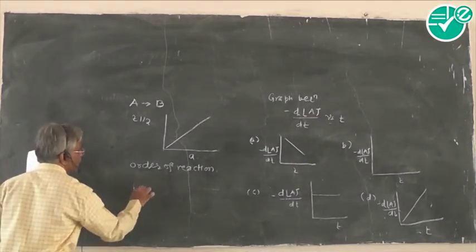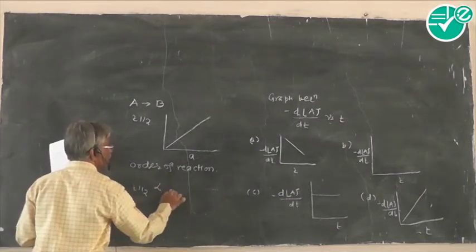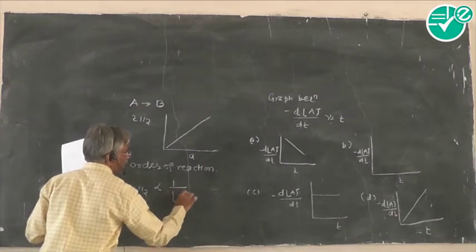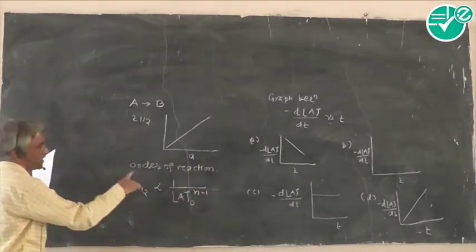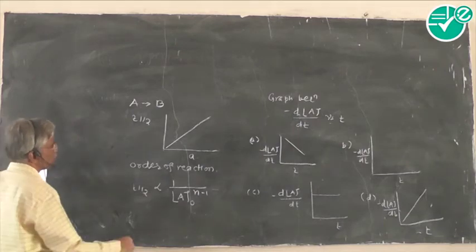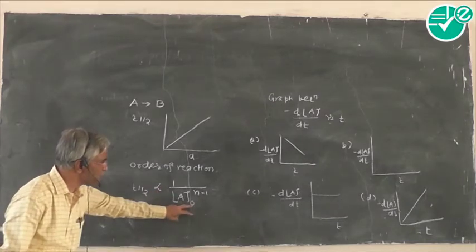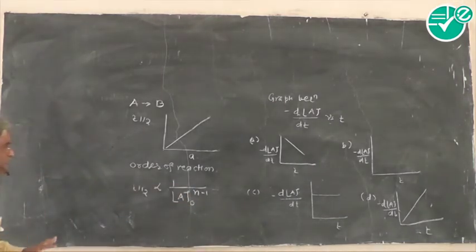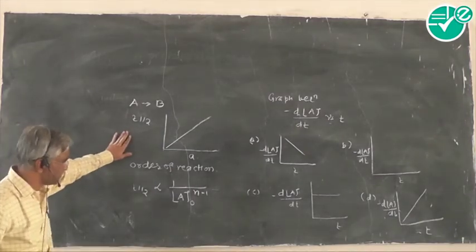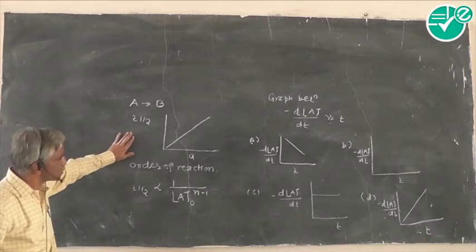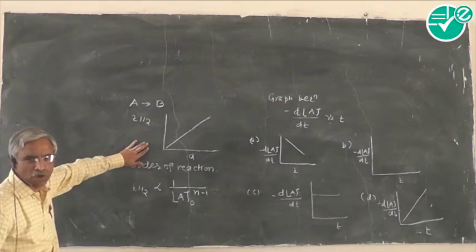As we know, T half is directly proportional to 1 upon A0 raised to n minus 1, or we can write it in a reverse way also: T half is directly proportional to A0 raised to 1 minus n. Now using this equation we can identify the nature of this graph, and this indicates that it is a zero order reaction.